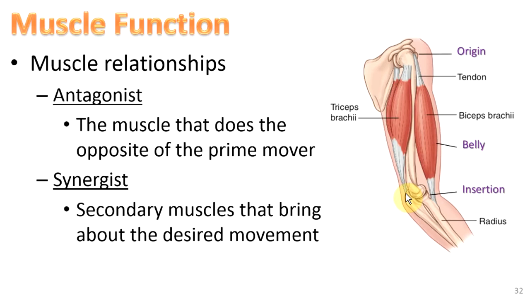So if our desired movement is elbow flexion, our prime mover is the biceps brachii. But there are other muscles that help, like the brachialis and the brachioradialis, which we'll get to a little bit later. And those would be called synergists to the elbow flexion. And so they assist the prime mover.